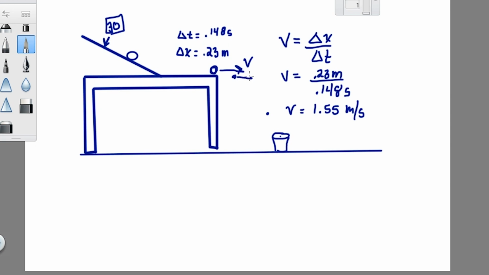But at each one of these instances, my vector for the velocity in the x direction is going to be the same length. Now it will be increasing in the vertical direction, increasing negatively, right, until it hits the cup. And so we're not too worried about that.